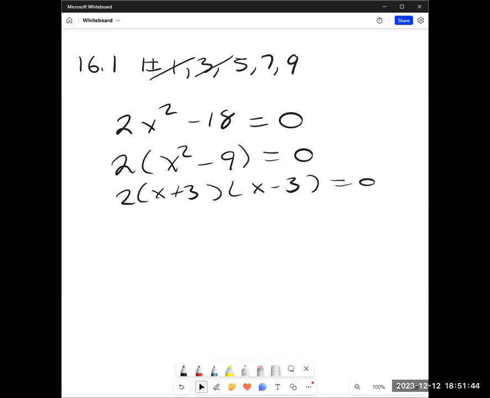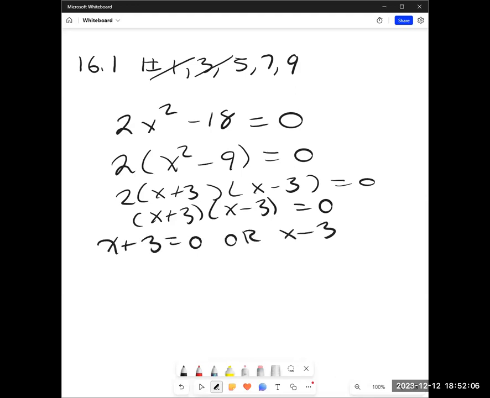I can divide by the non-zero constant here and get an equation that's just as true, that says that these are the only parts that can give me 0. 2 can't ever be 0, so I'm not worried about that. And I'm going to set each factor equal to 0, and solve.